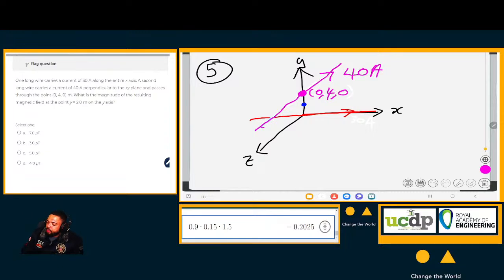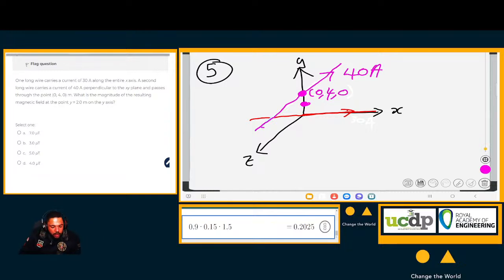Okay, so we want to calculate the magnetic field at this point here, the point I'm shading right now. The magnetic field at that point will be pointing in two directions.